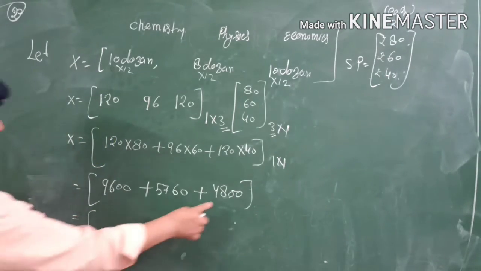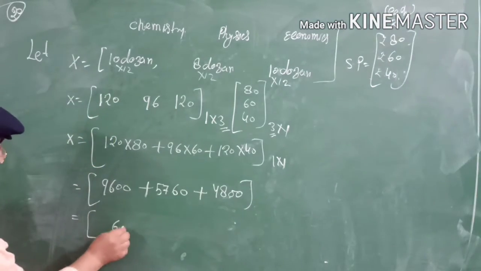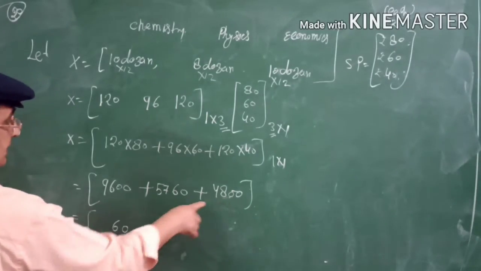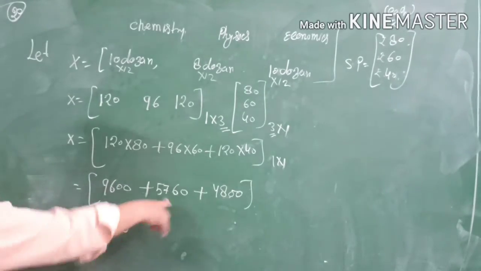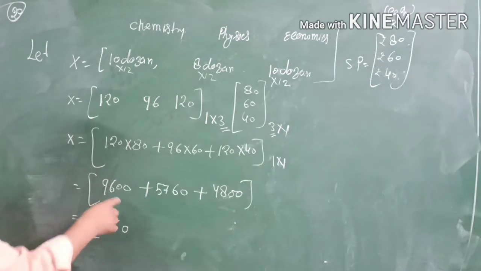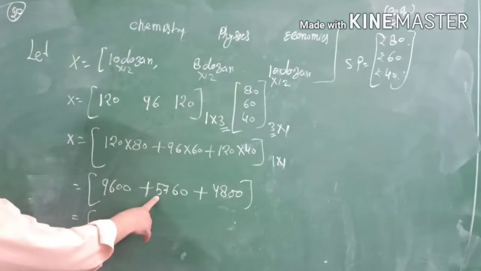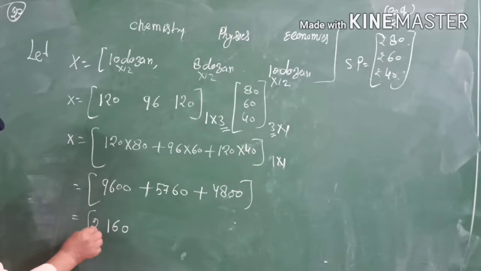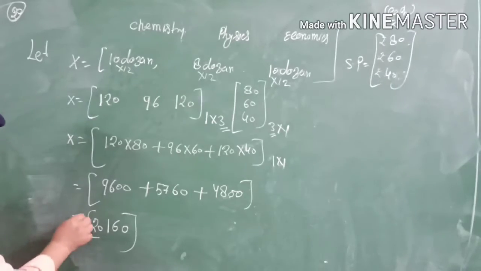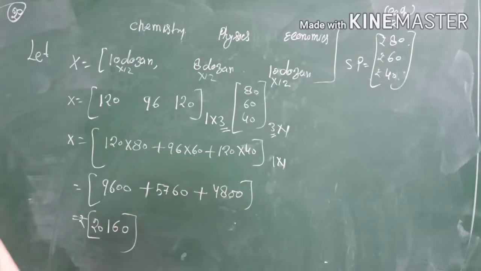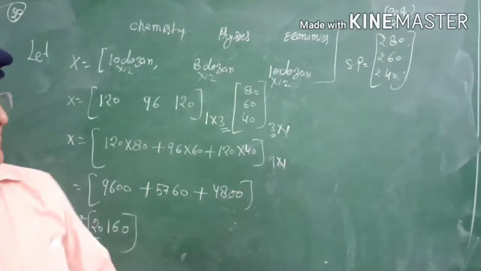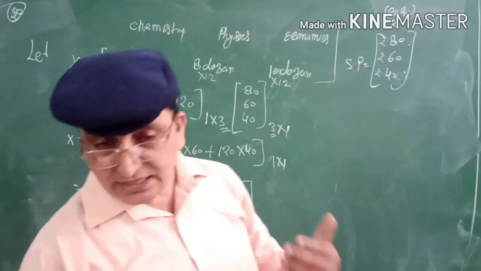Then we can add them: 9600 plus 5760 plus 4800. So the total cost is rupees 20,160. This is the answer of this question.